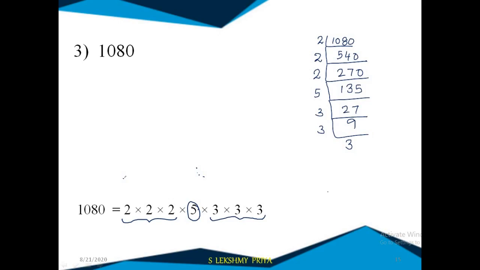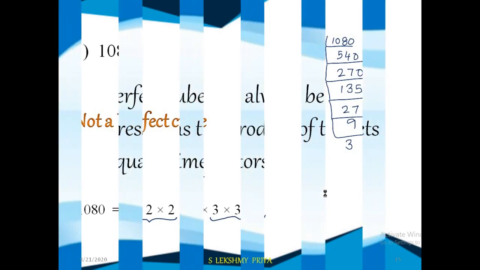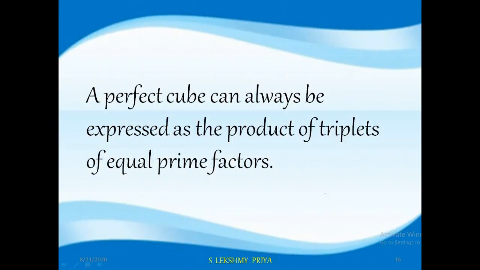So, 1080 we cannot express as the product of triplets of equal prime factors. Hence, it's not a perfect cube. Or we can say that a perfect cube can always be expressed as the product of triplets of equal prime factors.